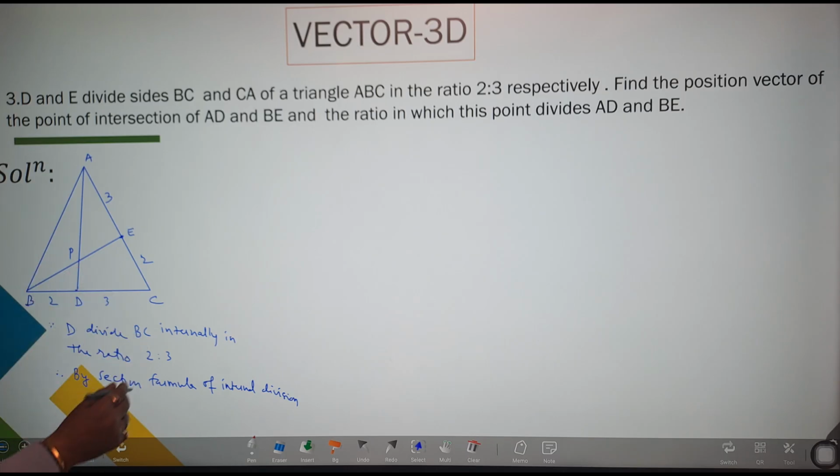First number to second point, so 2 into C bar plus second number to first point 3B bar upon 2 plus 3.